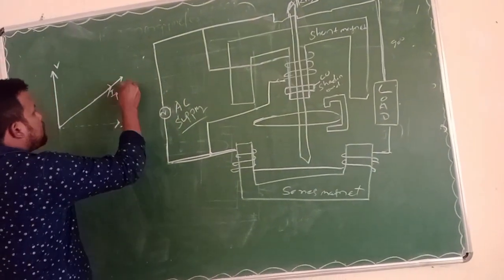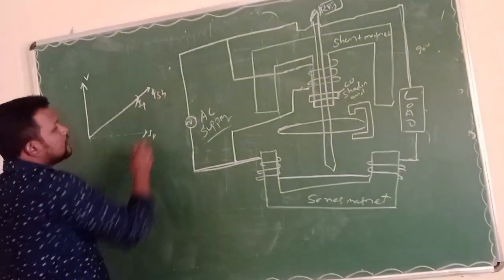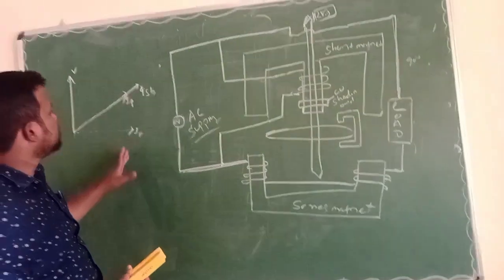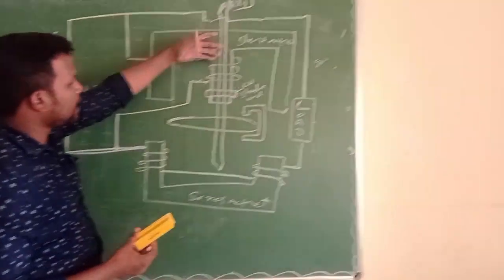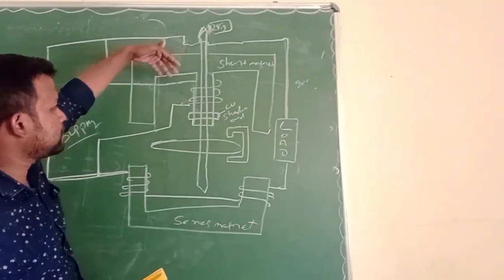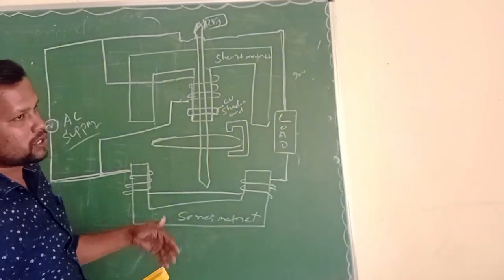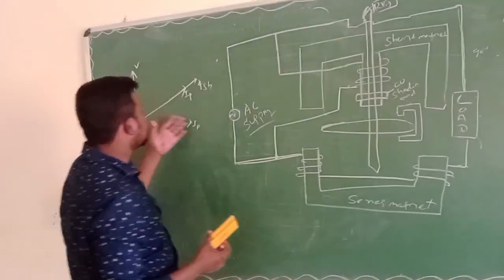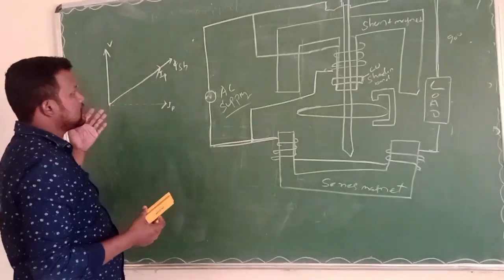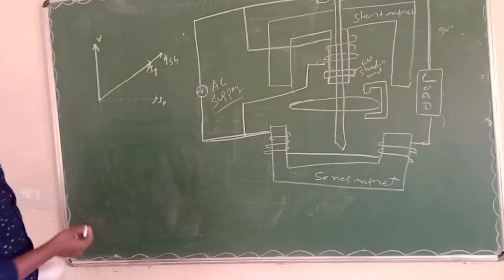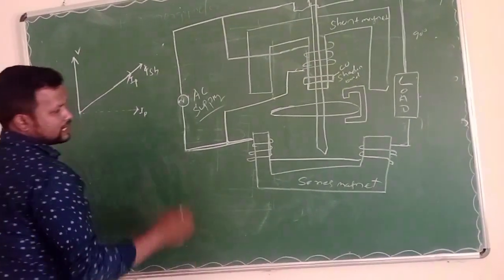Its flux phi SS should be in the same phase as the current. Why? Because if we give supply to the shunt magnet, it gives a flux, phi SS. So current and flux phi SS are in the same phase. After that, we should talk about the series magnet.